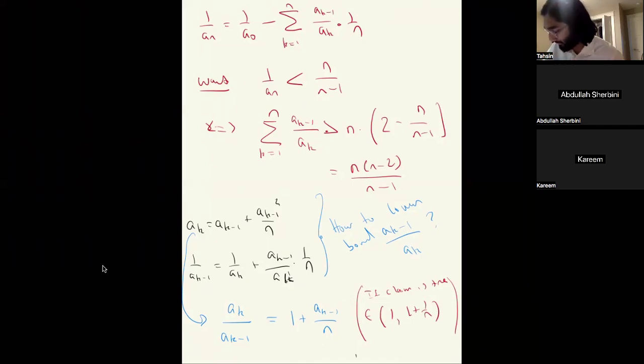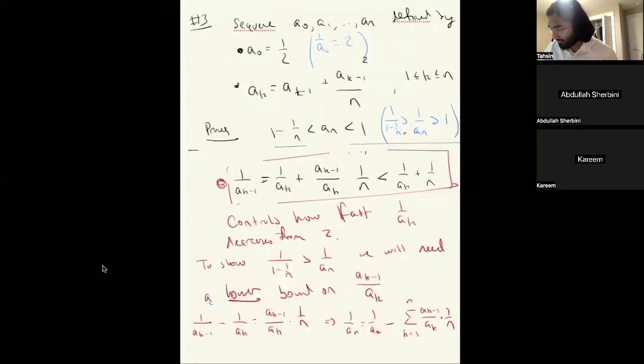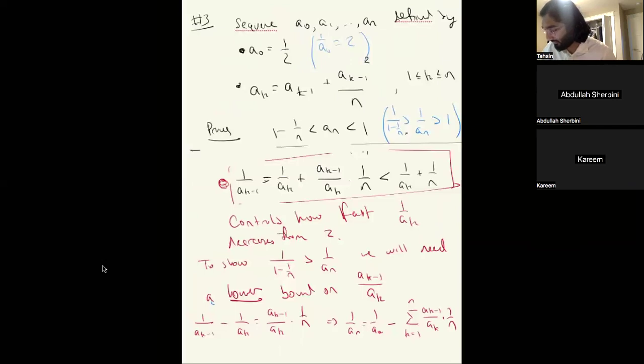Because remember, all we want is an upper bound. And to get an upper bound, this is less than or equal to, since the sequence is increasing, 1 plus a_n over n. And this is less than 1 plus 1 over n because the previous part was this, which is equivalent to this.